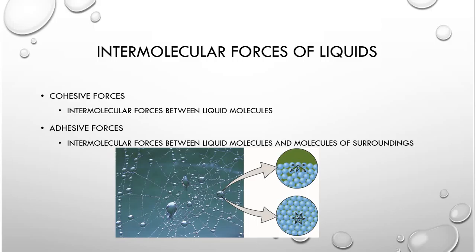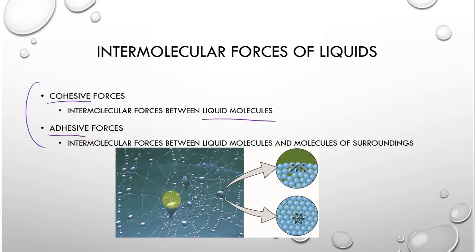Now, in terms of how these intermolecular forces affect liquid phases, we've already talked about melting and boiling points. Now we can actually talk a little bit about cohesive versus adhesive forces. These forces are either cohesive, meaning the forces between liquid molecules, or adhesive, meaning the molecule of the liquid is adhering to a different surface.